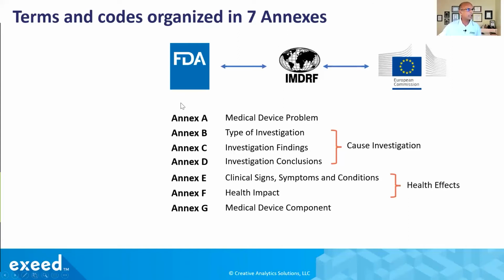Got it. So I'm pretty sure we are using A, E, and potentially F. I'm not sure if we are using B, C, and D, because that is a follow-up to the investigation. Yes, I don't believe we are using those either.